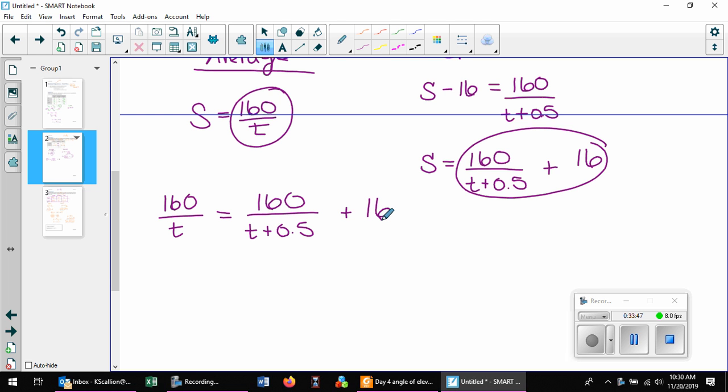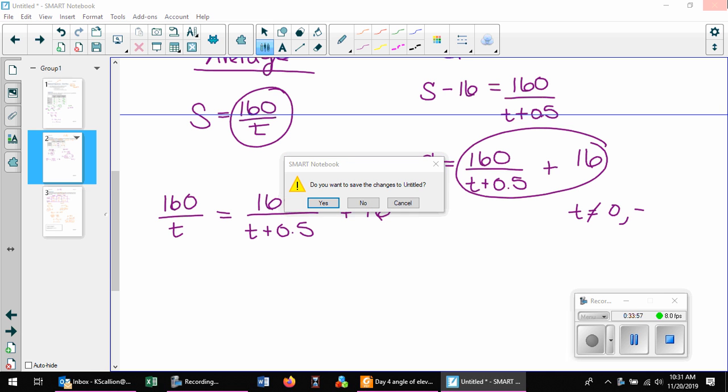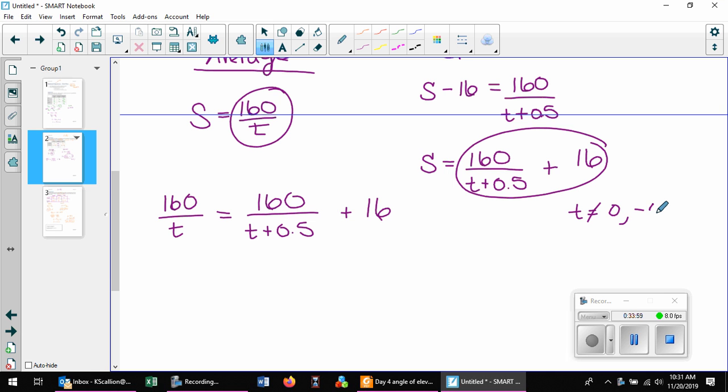All right, so we did non-permissible values. I hope you guys are writing this down better than I am. Okay, common denominator. Oh, look at that. Common denominator for this one, same thing.